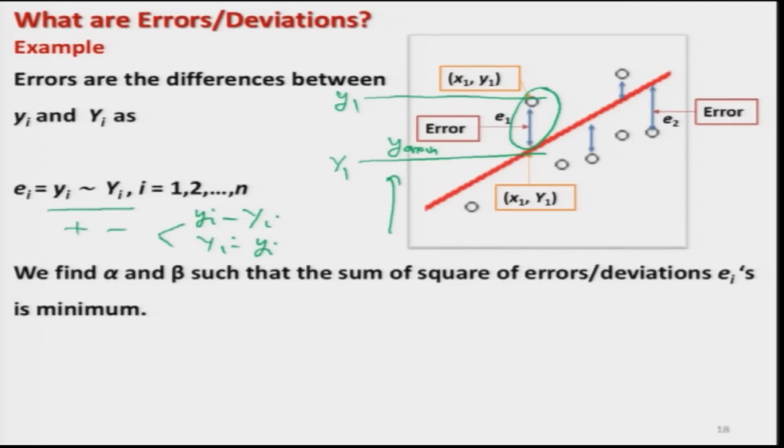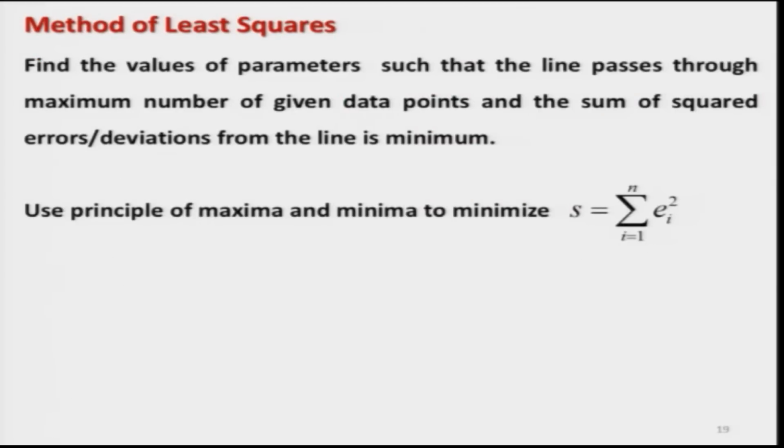So, now we will try to find the values of alpha and beta such that the sum of squares of these deviations ei is minimum. How to obtain it? For that I can use the principle of maxima and minima, and we minimize the quantity summation i goes from 1 to n ei square, which is the sum of squares of all the deviations ei, and this is denoted by capital S. So, now my objective is defined.